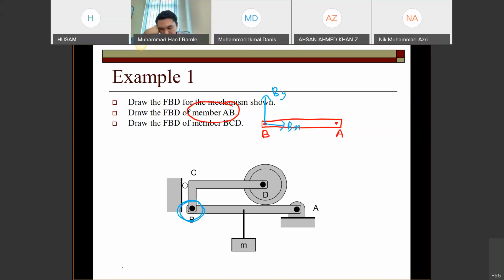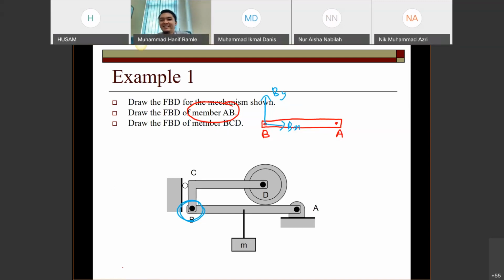Okay, how about point A? How many reactions there? Nur Aisyah Nabila. Yes, Doctor.